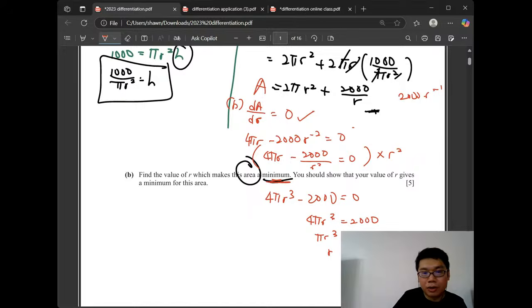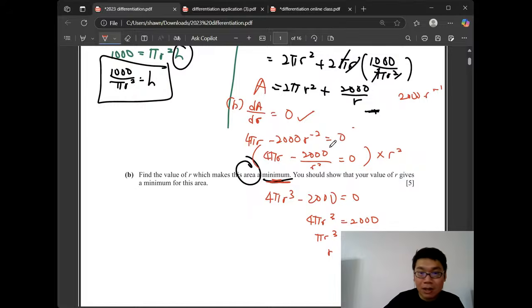So r is the cube root of 500 over pi. So the answer is 5.42. Okay, at least 3 significant figures. If any of you write 5.4, then minus 1 mark.